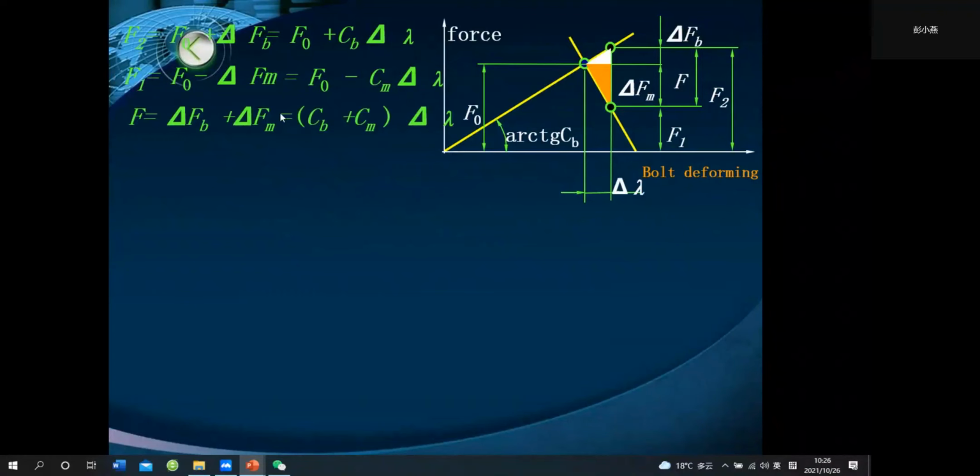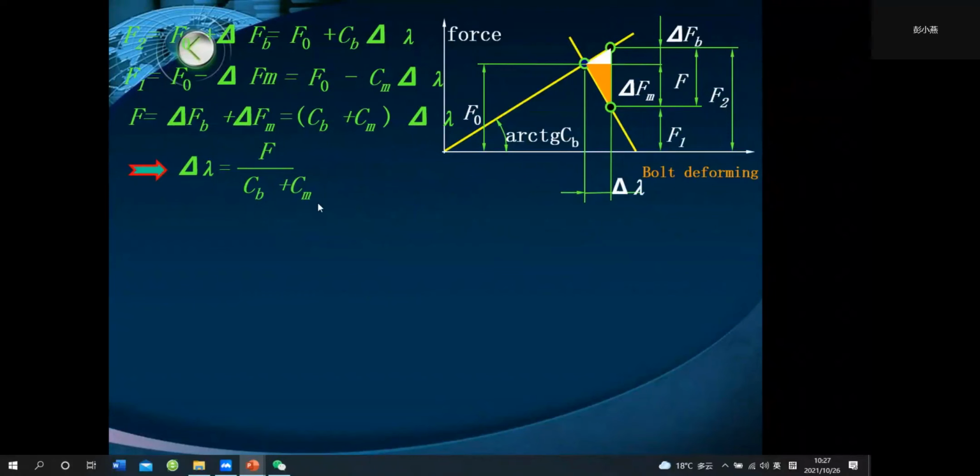And it's equal to Cb plus Cm times delta lambda. So we can calculate the deformation delta lambda is equal to the actual force divided by Cb plus Cm.